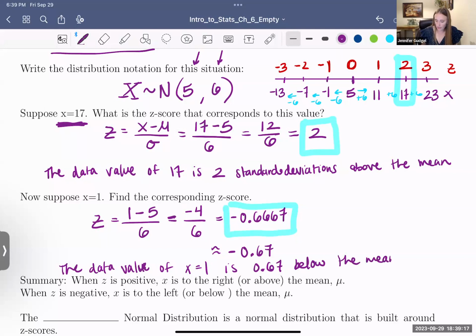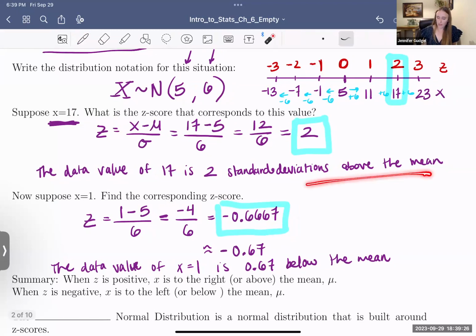Notice that I didn't write it's -0.67 below the mean. The word below indicates that negative value. For the 17, I could have said to the right or above. For this one, I could have said to the left or below, because you can see where the mean is, our z-score of 0. We have above or to the right. We have below or to the left. Those words are kind of interchangeable.